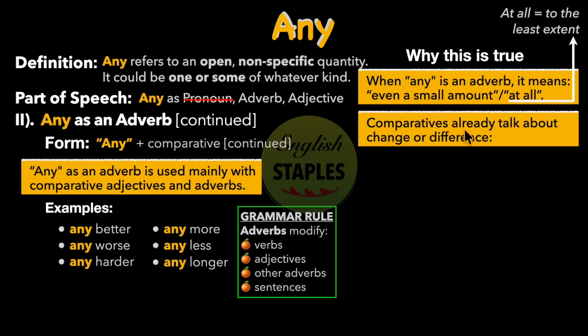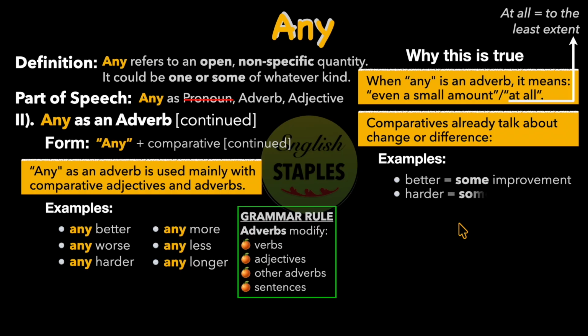And we're seeing that the comparatives already talk about change or they talk about differences. For example, better means some improvement, even a little bit, or even if it's to the least extent, it's still some improvement.